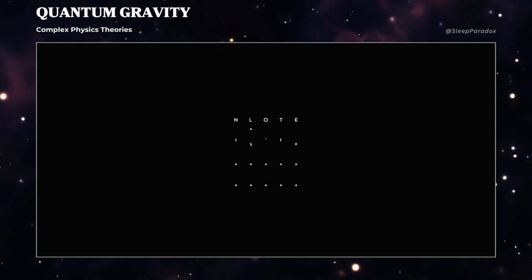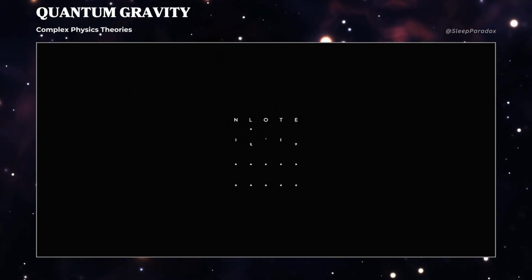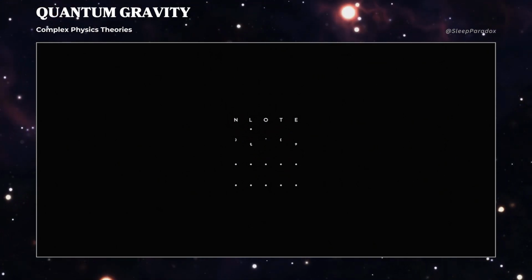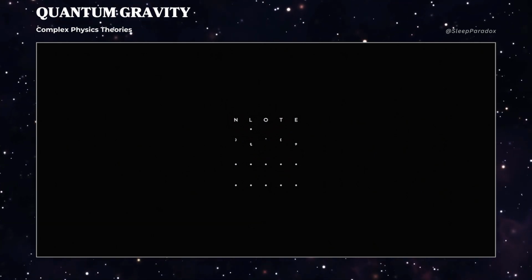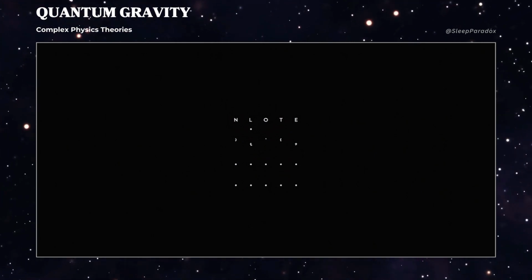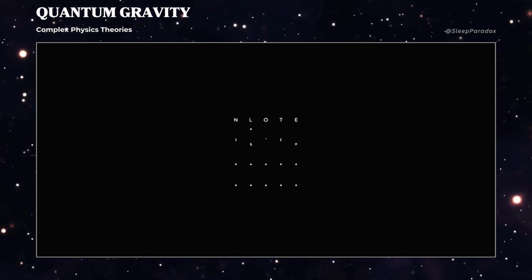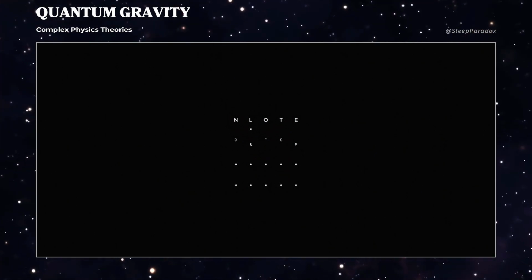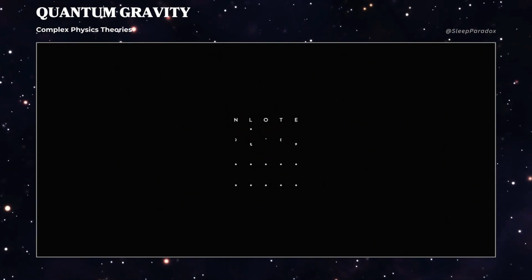Despite theoretical strides, experimental validation remains one of quantum gravity's foremost challenges. Experiments conducted in laboratory settings currently lack the energy levels to directly probe these quantum gravitational effects. Instead, physicists rely on astronomical phenomena, such as black holes or gravitational waves, to indirectly explore quantum gravity.